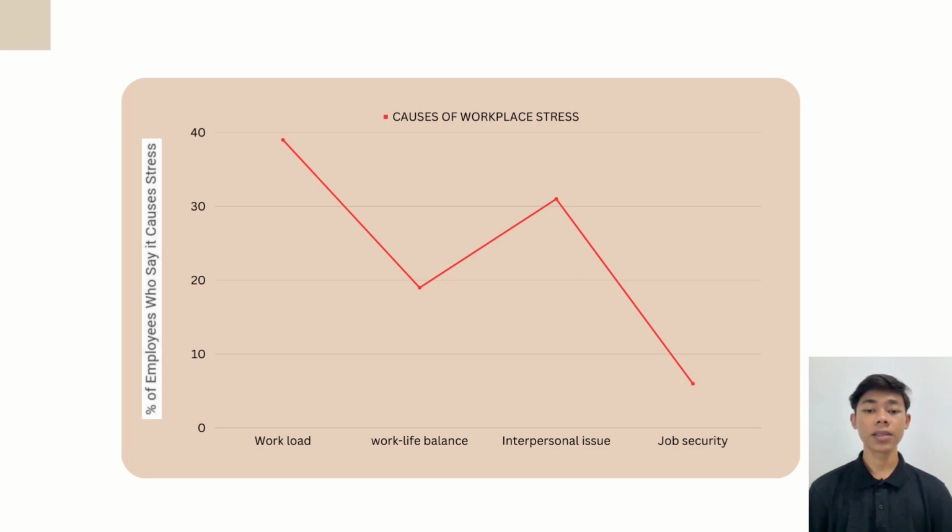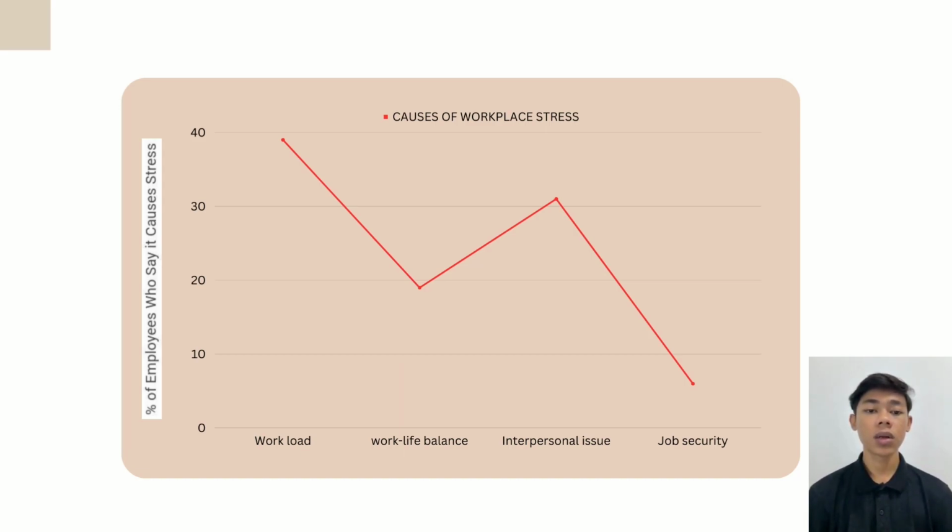Okay, next slide, we can see the line chart that represents the causes of workplace stress. We can see there are 4 points in this chart. The first one is workload, which has 39% of employees who say it causes stress.